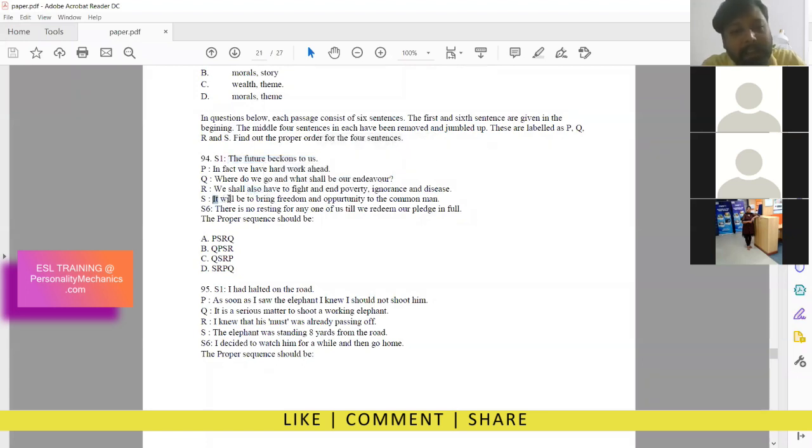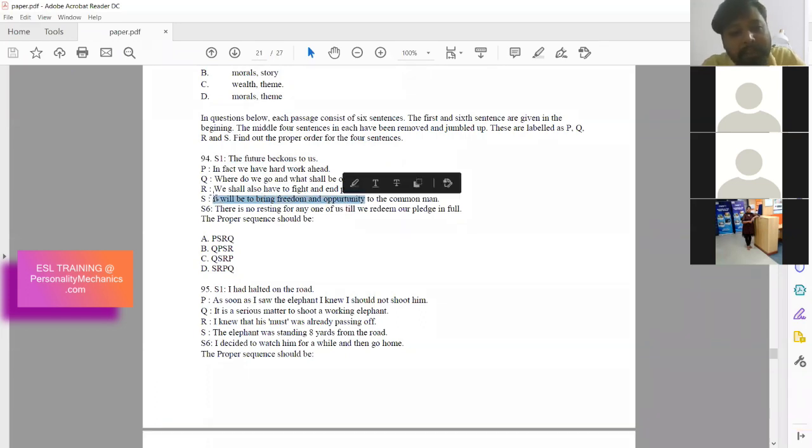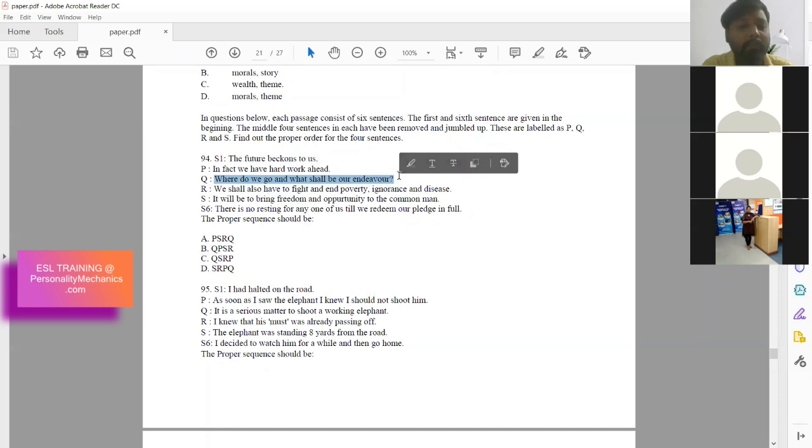The next is it will be to bring freedom. Now this pronoun does not see a precedence in this particular sentence, hence the only one that can go here is where do we go and what shall be our endeavor. That's the most neutral sentence that we know of, and hence this is what we are going to place here.